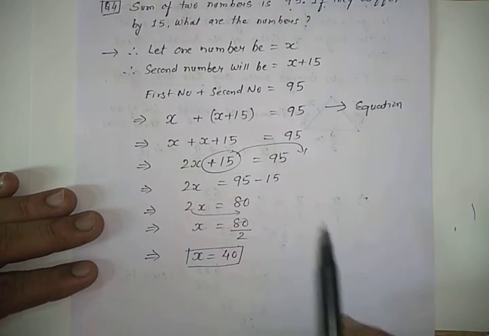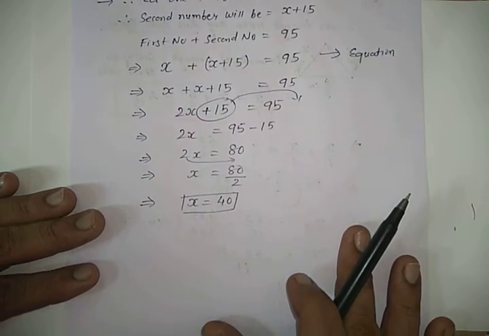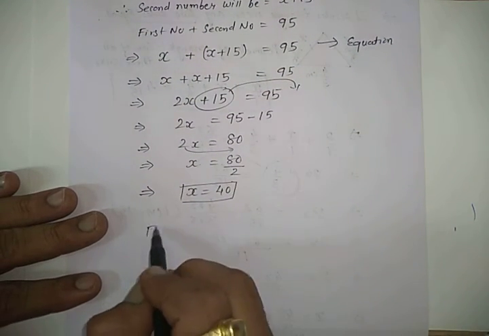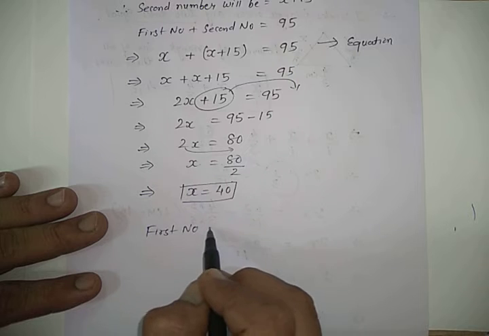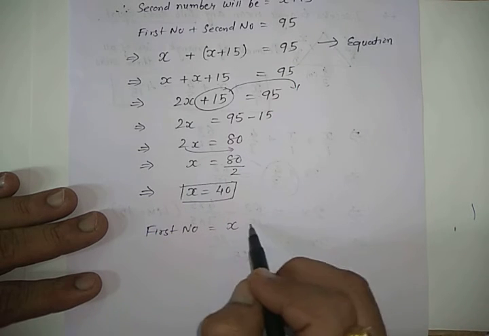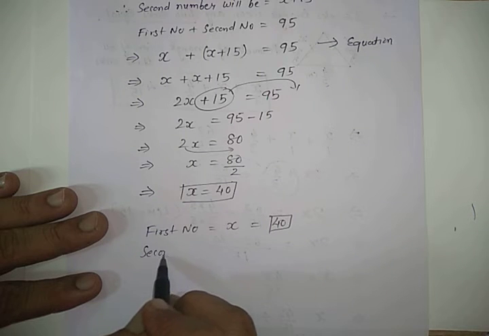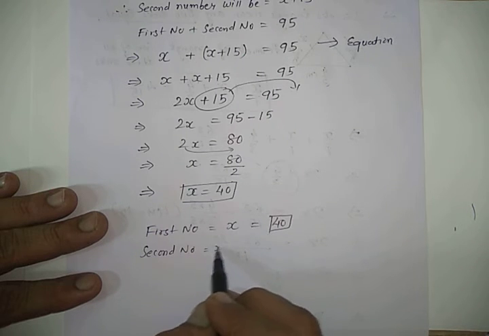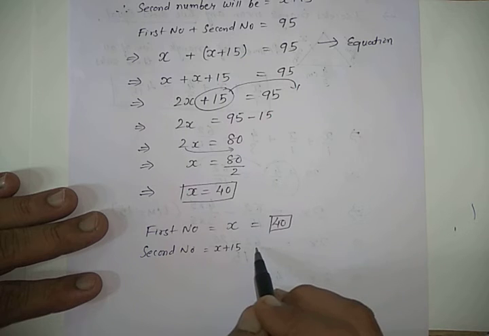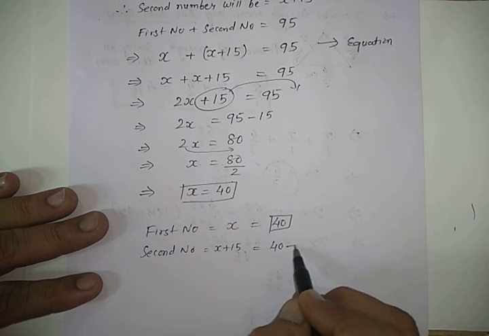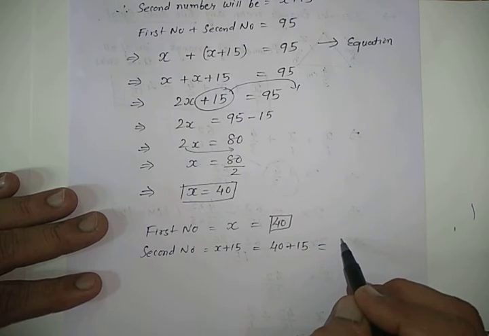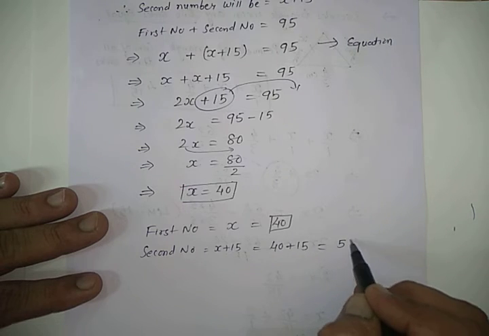Now we can place this value in the first number and the second number. So the first number, x, means 40, and the second number, x plus 15, means 40 plus 15, and that will give us 55.